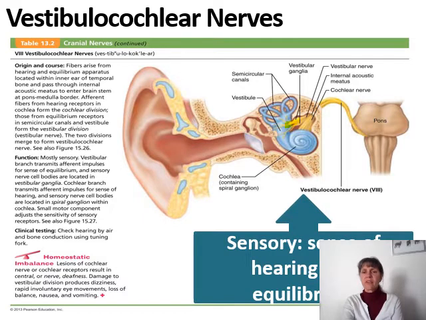And so we have a vestibular nerve, and then we have a cochlear nerve arising from fibers that emanate from the cochlea, which is this snail shell appearing structure in the inner ear. And these two nerves join together to form the vestibulocochlear nerve. And the vestibular portion gives us our sense of equilibrium, the cochlear portion gives us a sense of hearing.